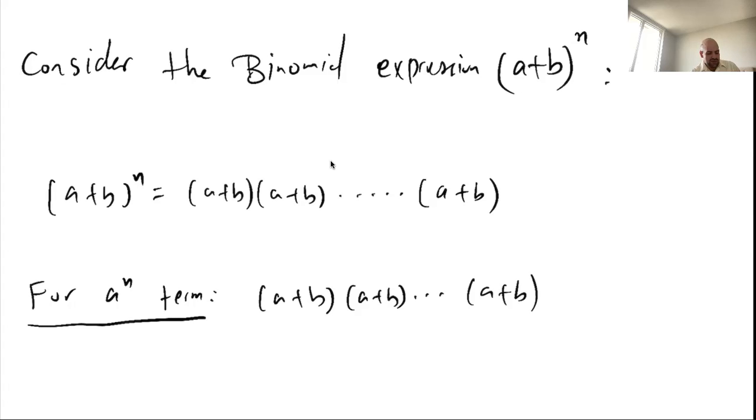So I have to choose a from the first bracket, from the second bracket, and so on, and from the last bracket. So I must choose a from all brackets, and then we get a to power n.